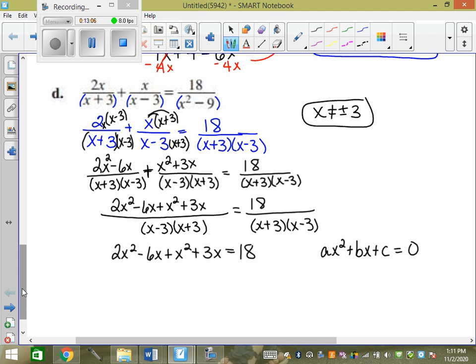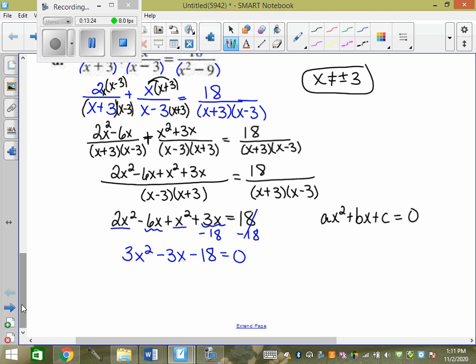Combine the x squareds and move that 18 over. So I'm going to get 2x squared plus x squared is 3x squared. Minus 6x plus 3x is minus 3x. Minus 18 equals 0. And then I have my a equals 3, my b equals negative 3, and my c equals negative 18.